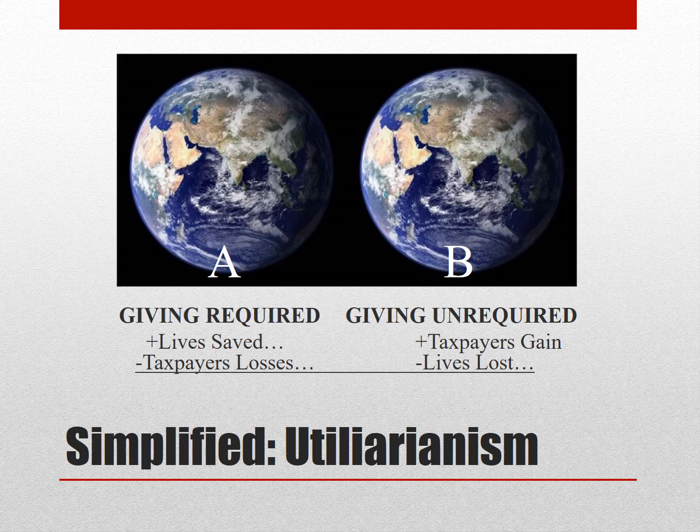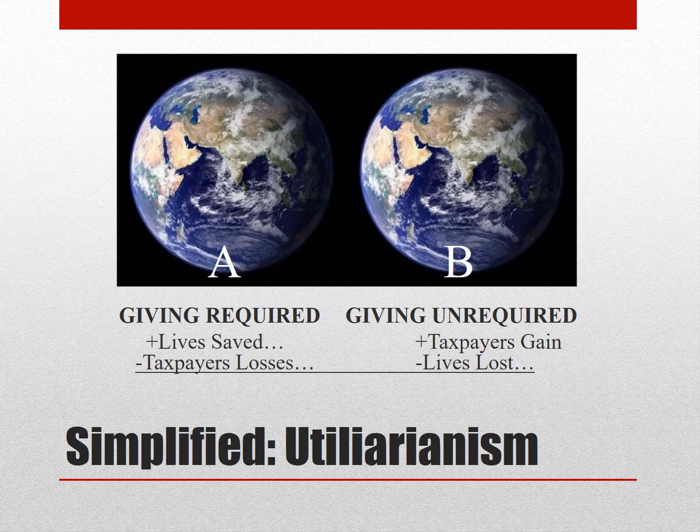And let's keep things really simple. Let's say that if giving is required, the positives, the pros, the pleasures, the satisfied preferences, the utility will involve lives saved and improved as a result of hungry people getting the food they need. And let's, again, say that the only cost of that is some kind of loss to the taxpayer, right? The loss of the money itself as well as whatever they were going to do with it.